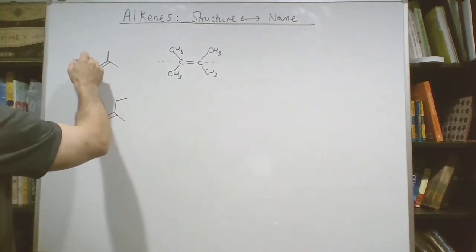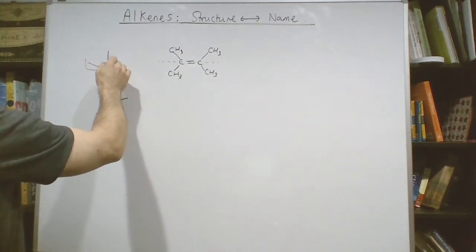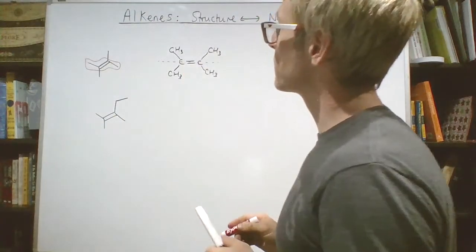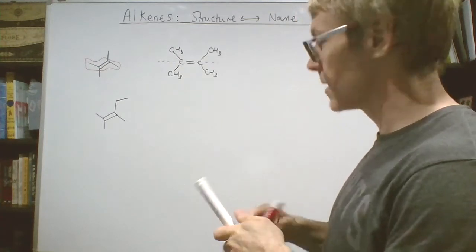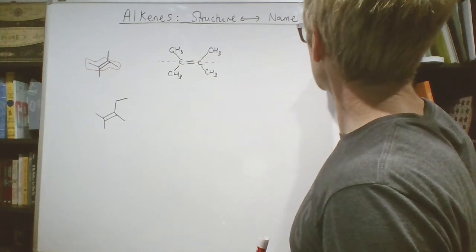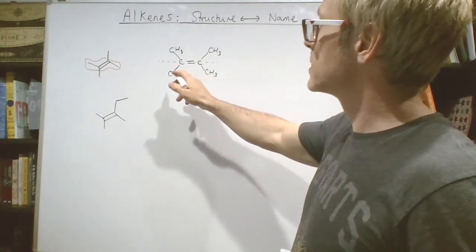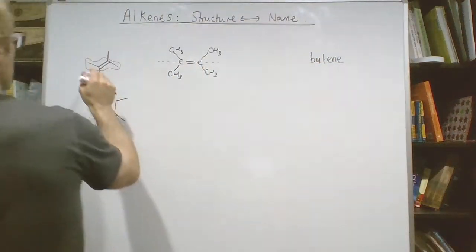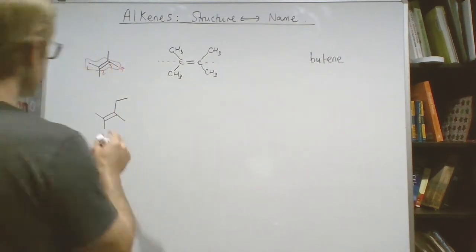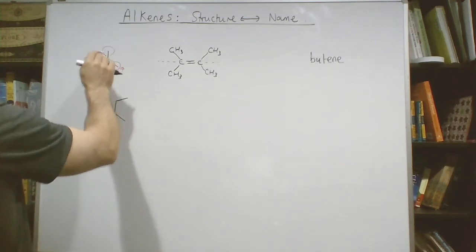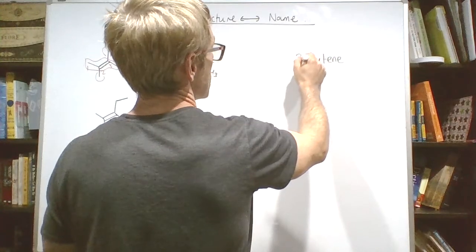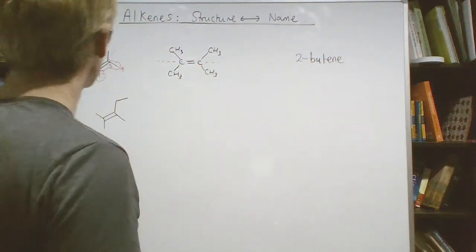So let's go ahead and name. The longest continuous chain that houses the double bond has 4 carbons, so we know it's butene. The double bond is between carbons 2 and 3, so we just cite the lower of the two numbers, 2-butene.